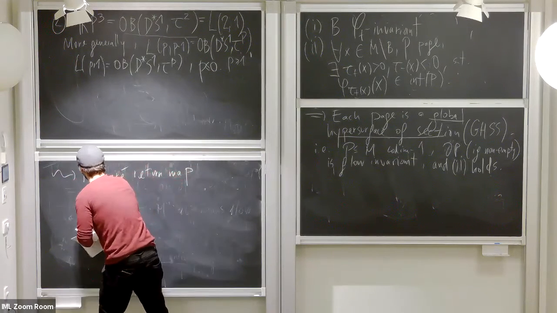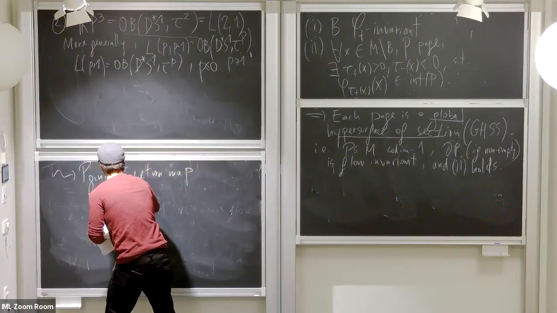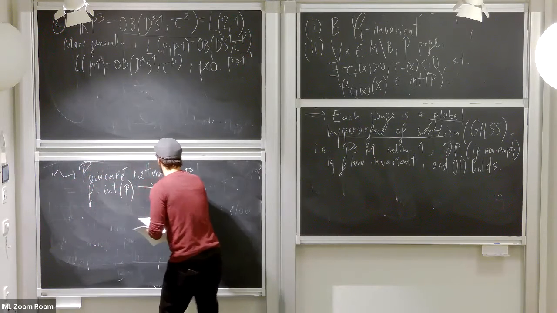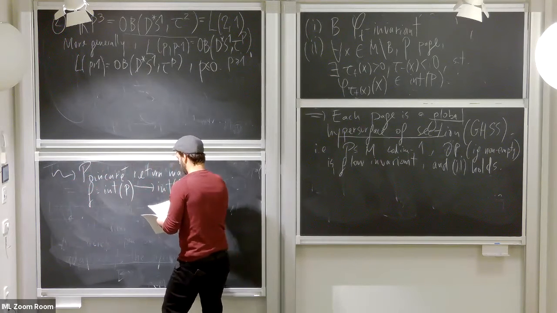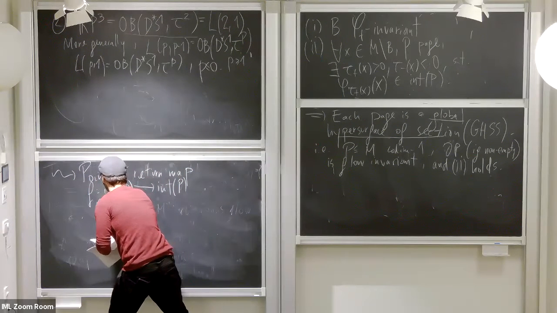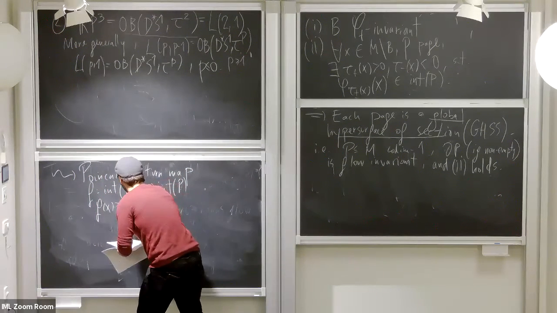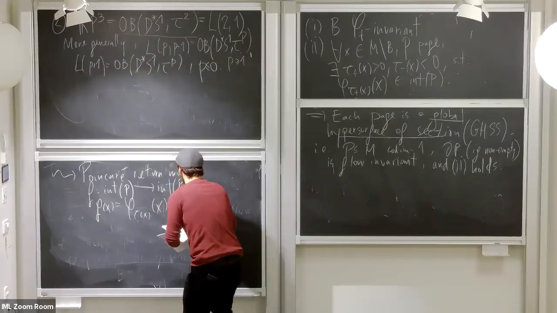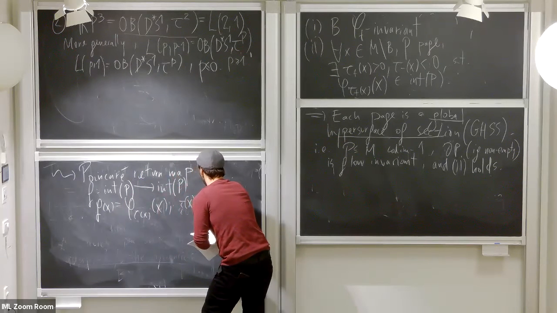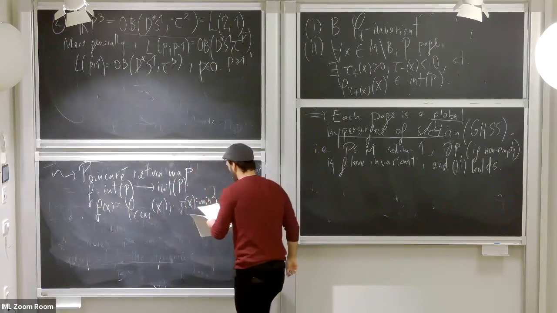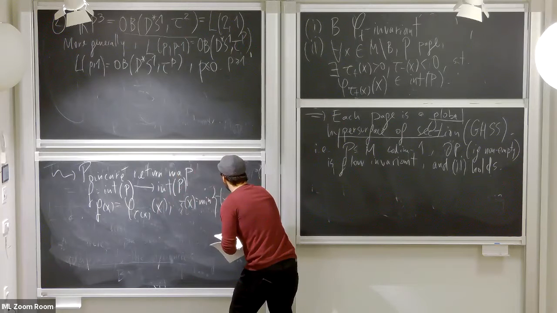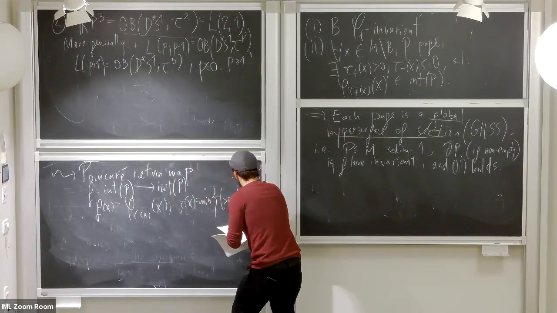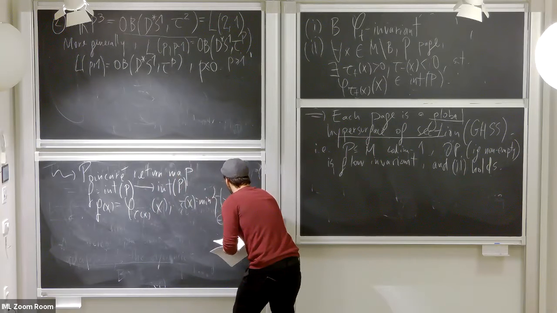This is just a map defined on the interior of the page by looking at the first return time of the flow. Here tau of x is the minimum positive time such that phi t of x lies in the interior of P.